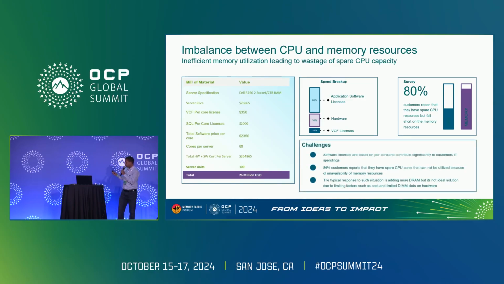The other challenge we have is that DRAM becomes expensive as it becomes denser. DRAM substitution or replacement becomes very expensive, and it's untenable.